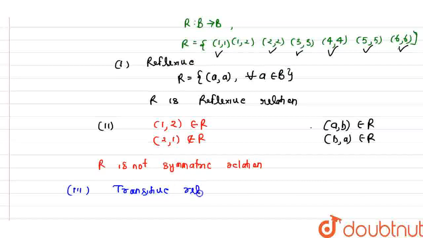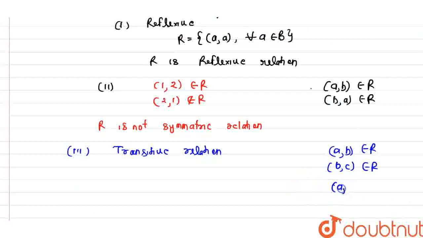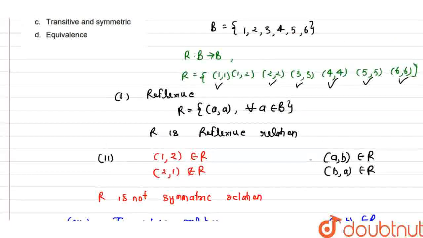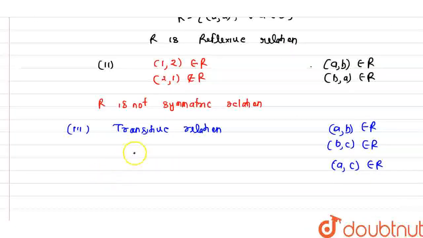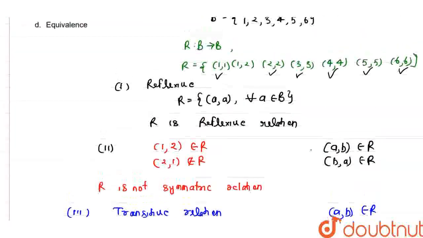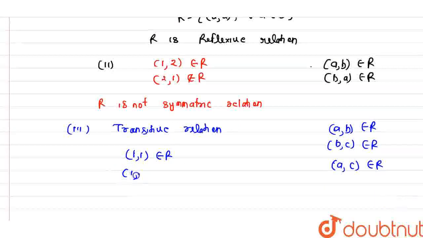The concept of the transitive relation is: if (a, b) belongs to R and (b, c) belongs to R, then (a, c) should belong to R. So if we see the given relation, (1, 1) belongs to R, and (1, 2) also belongs to R. Let's suppose the first 1 is in place of a, the second is in place of b, and the 2 is in place of c.